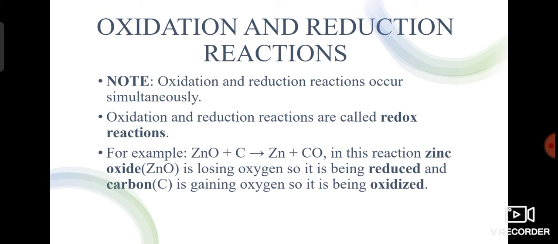The substance which gives oxygen is the oxidizing agent, and the substance which accepts that same oxygen is the reducing agent. As a result, oxidation and reduction take place simultaneously in a reaction. So oxidation reduction reactions are also called redox reactions because oxidation and reduction take place simultaneously. Chaliye, now let's have a look at some of the examples.